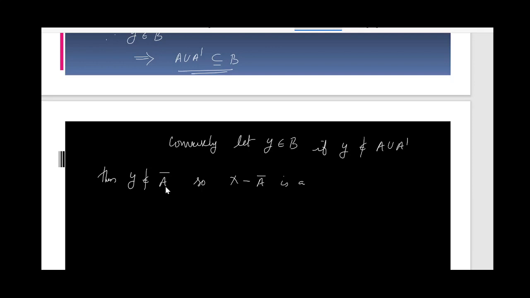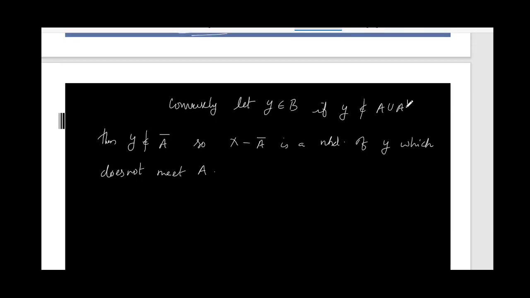So X minus A closure is a neighborhood of y which does not meet A. We have taken y belonging to B.